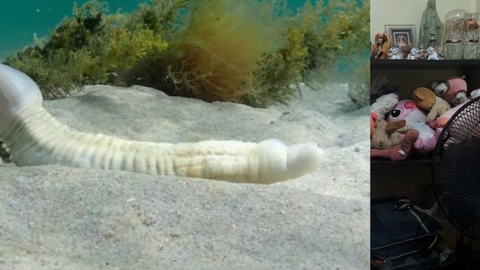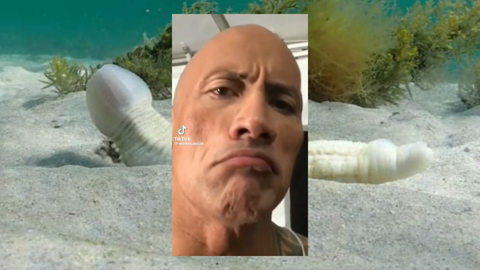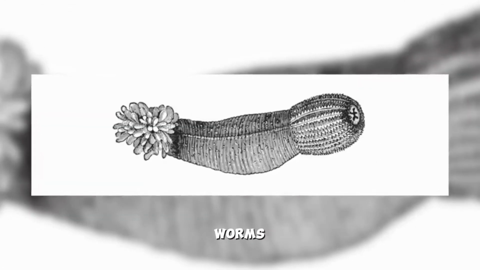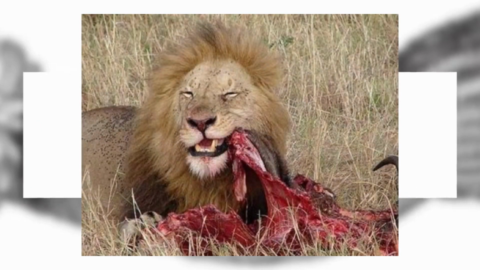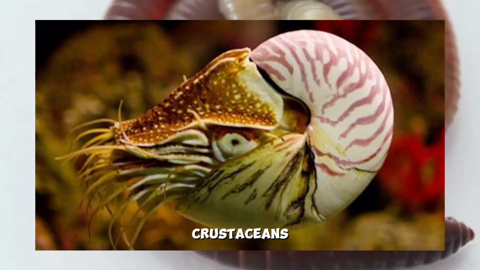Now, the distinct body shape of priapulid worms is what sets them apart. In relation to their prey, priapulid worms are carnivores, which means they devour other tiny marine animals such as mollusks, worms, and crustaceans.